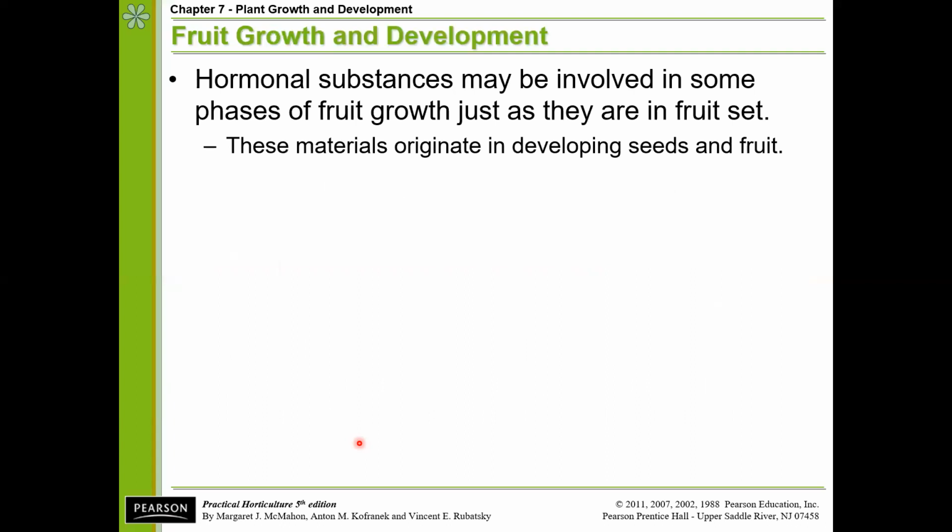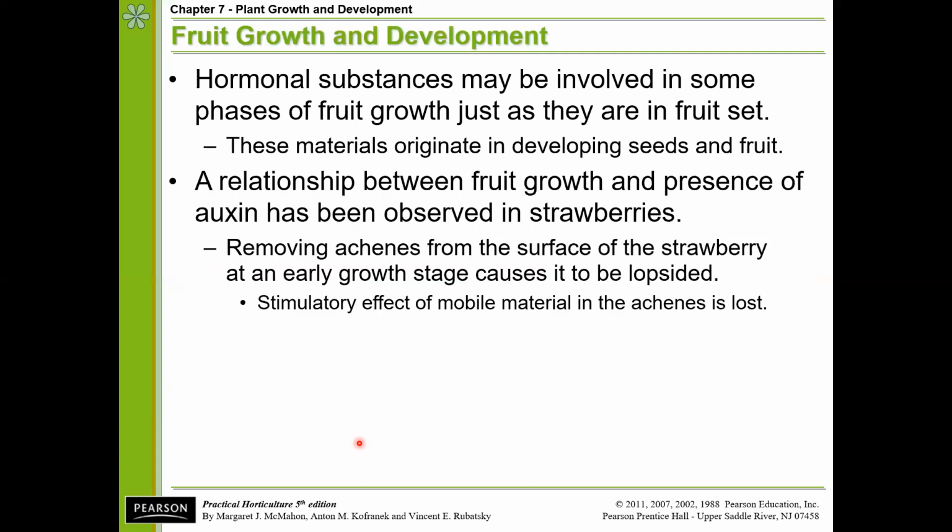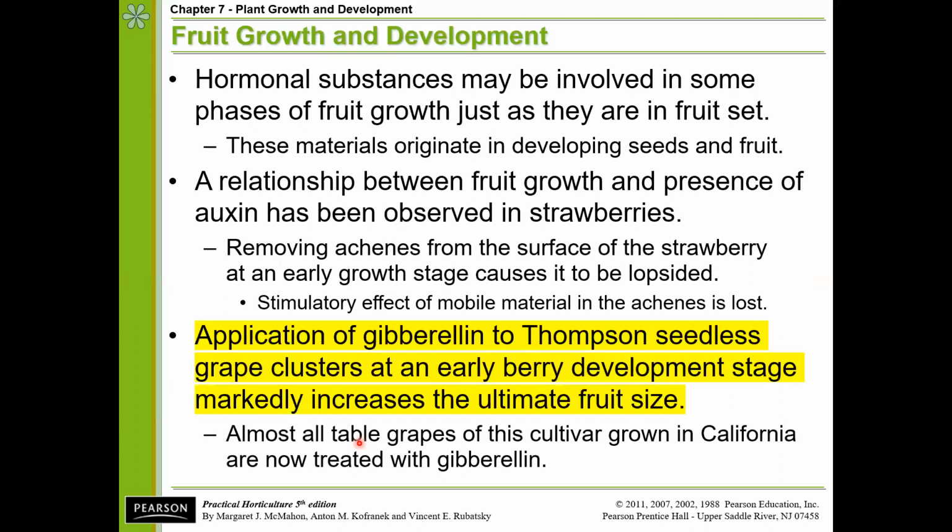All right, so let's take a look at using the different hormonal substances and how the plant hormones, which are naturally occurring in many cases, change things in terms of the marketable crops themselves.